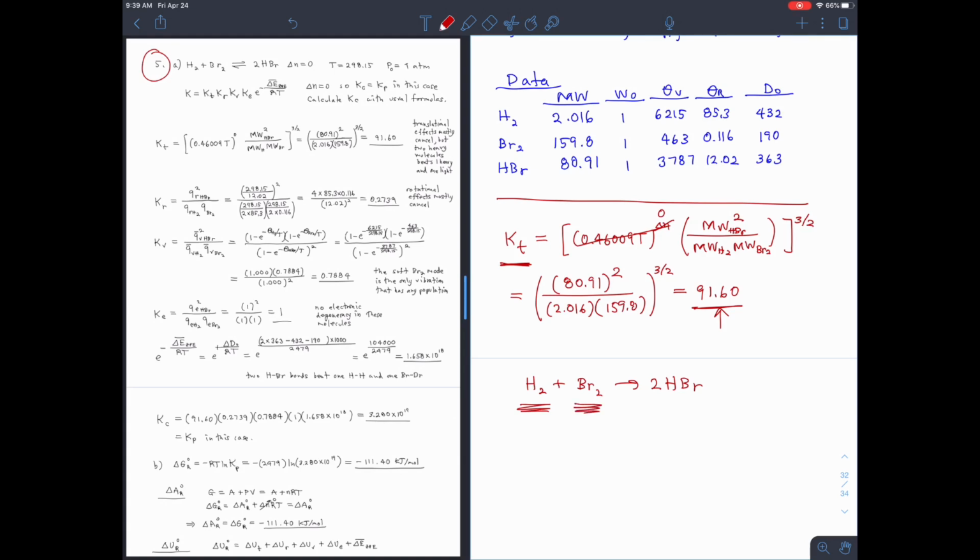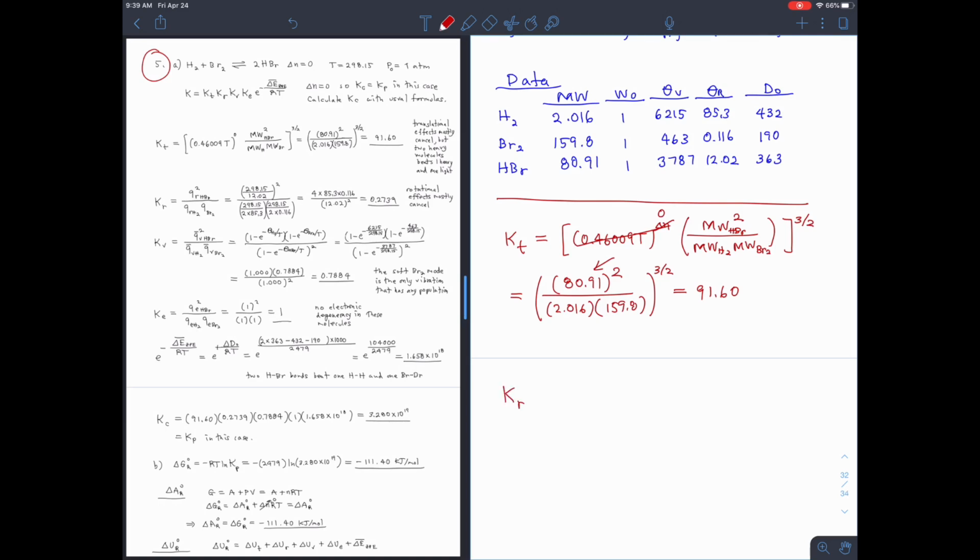The Br2 should be big, but there's only one factor of it, right? There's only one Br2 molecule. And each of the two HBr's is also pretty big, but there's two of them. That gives rise to this molecular weight squared up in the numerator of our Kt. And so the translational partition functions on the product side here are bigger and outweigh and win over the two translational partition functions on the reactant side in this case. It's just worth pointing these things out as we see them so we get a feeling for why the numbers we're getting are what they are.